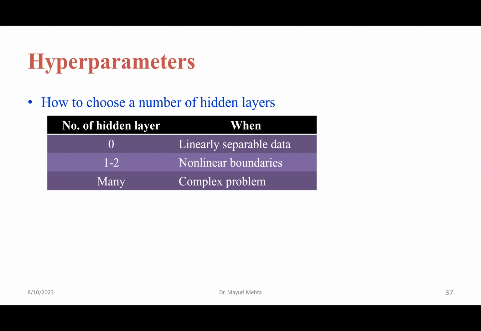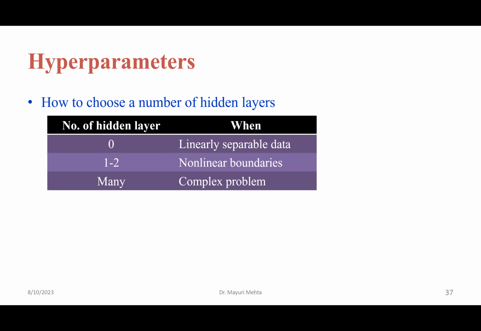Second, if the data set is not linearly separable, then you need a hidden layer. And normally, a single hidden layer is sufficient because the amount that a model improves by adding more hidden layers is not significant compared to the additional work you need to do. So one is sufficient.